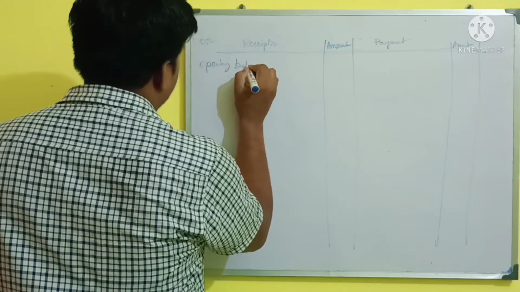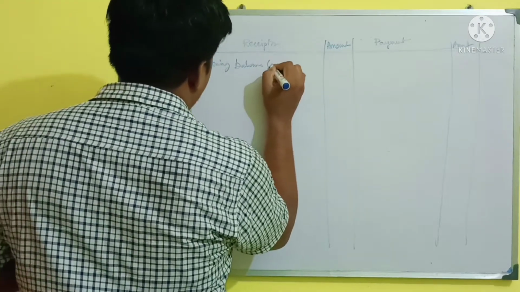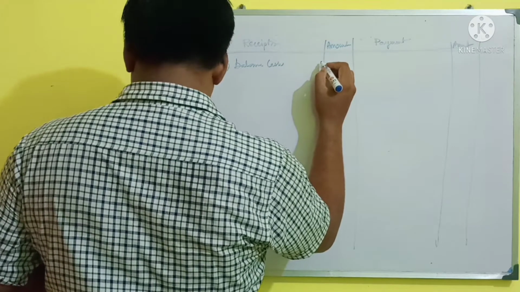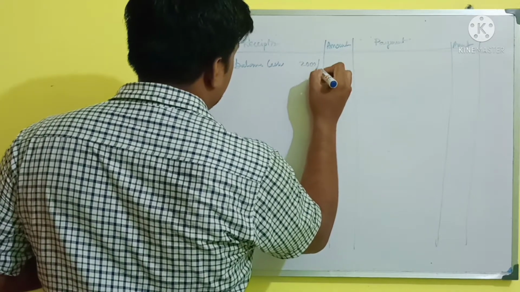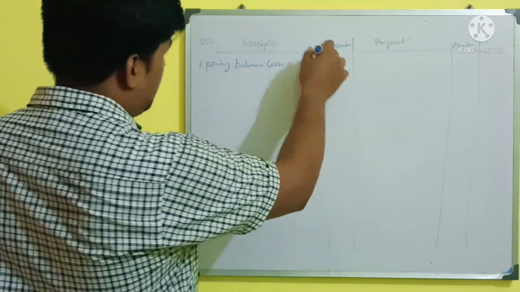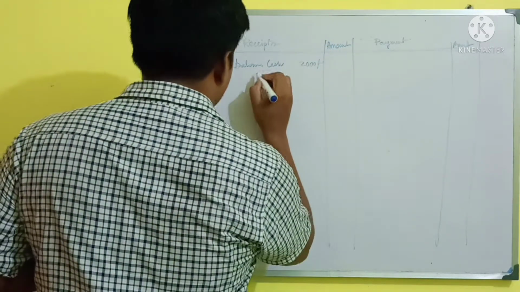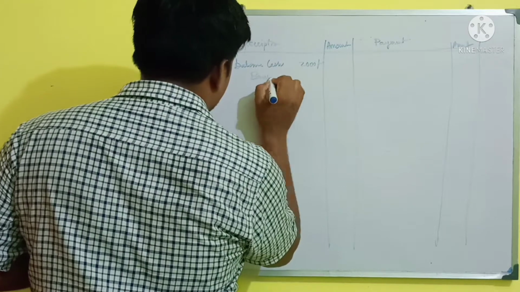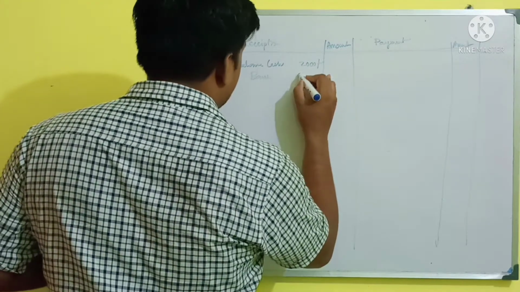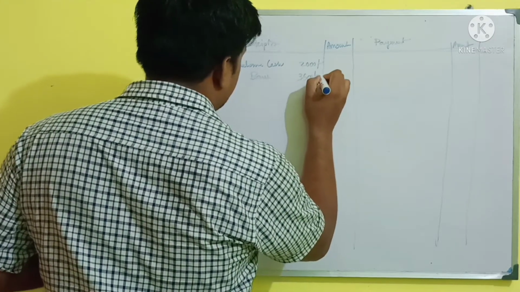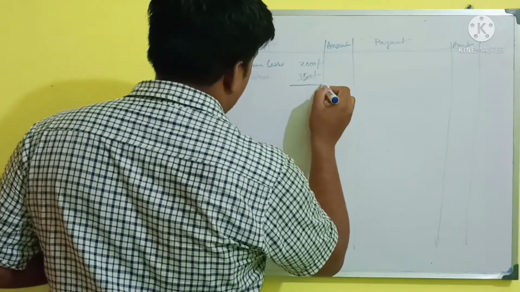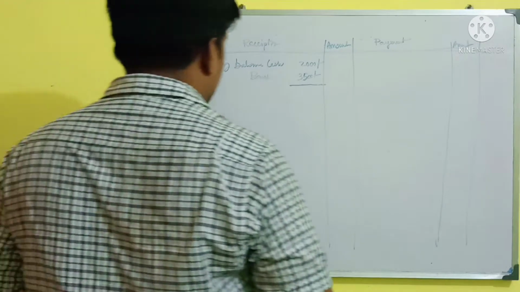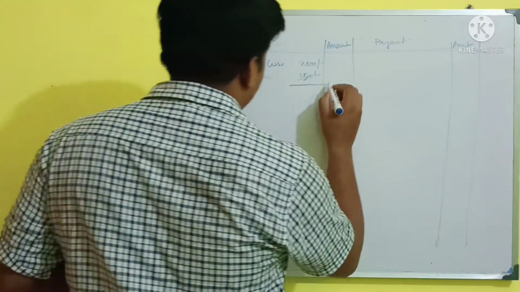Opening balance, cash, it is showing 2000, which I wrote down in the inner column, and the bank is showing 3500. Now if I do the total, then we can see the total amount is 5500.